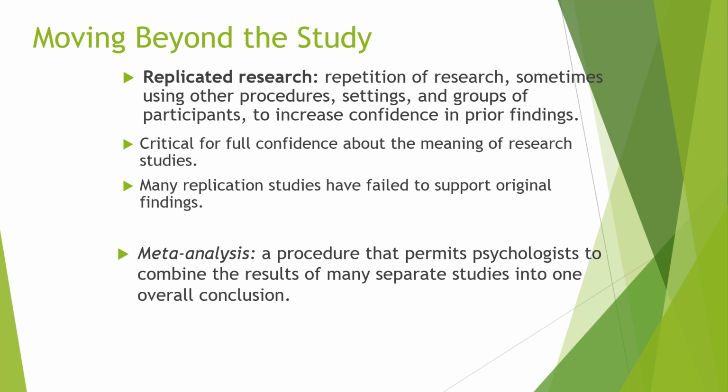But instead of running an experiment, or doing a survey, or doing correlational research, I'm going to collect all the previously published research that's been done on this topic, and I'm going to use that to find some sort of overall conclusion. That is what a meta-analysis is. You're looking at all the other research that's been done on this topic in order to find some sort of overall conclusion.